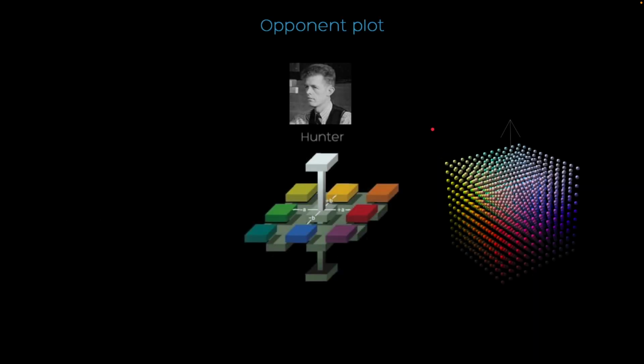Hunter, based on opponent theory, also used the cube, but using one of its sides as a base, which represents black, and develops the lightness attribute in a vertical central axis.